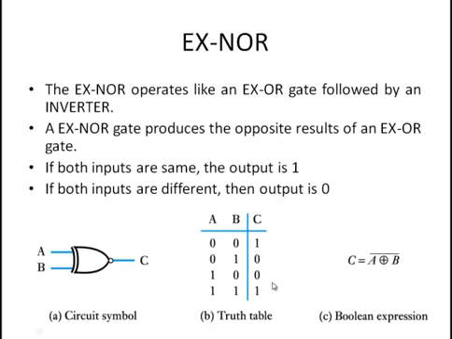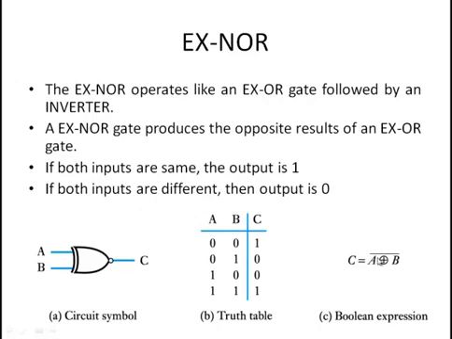Next is XNOR gate. XNOR gate is similar to XOR gate, like here, but a circle is attached here, so it is not of XOR. So we can say that XNOR operates like an XOR gate followed by an inverter.